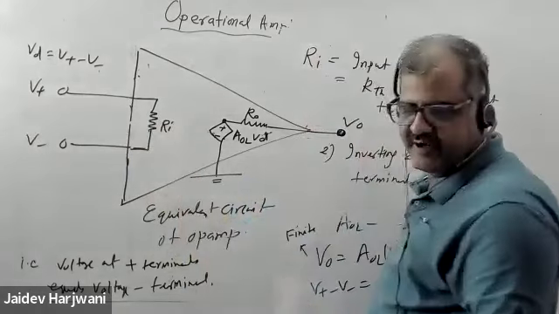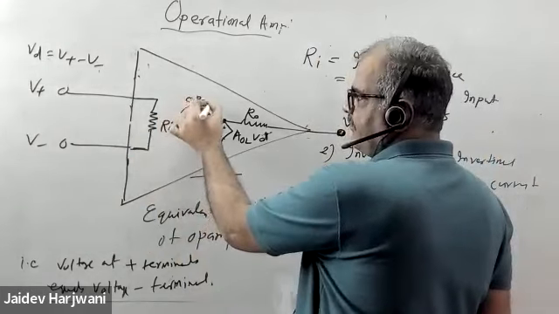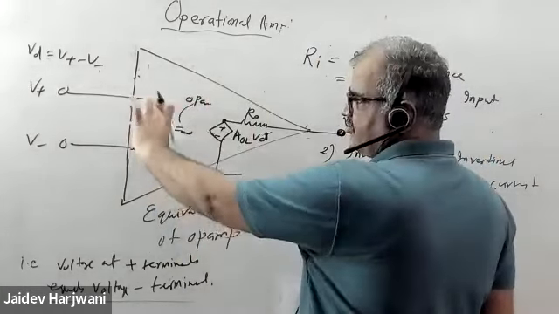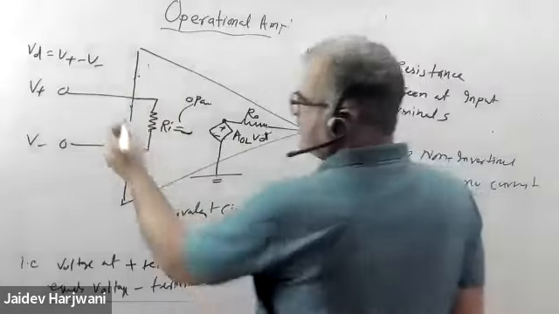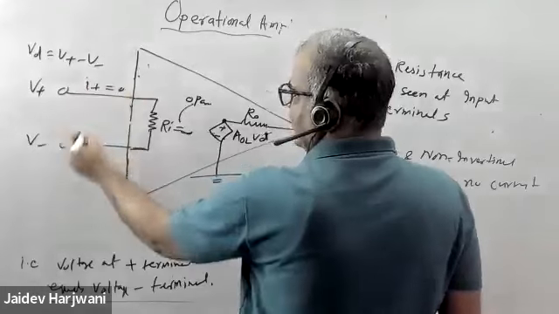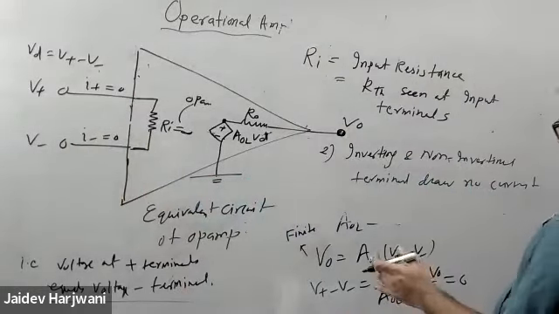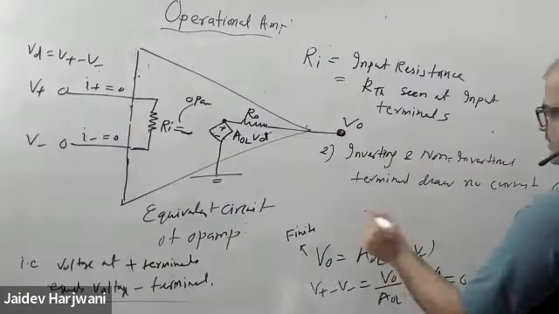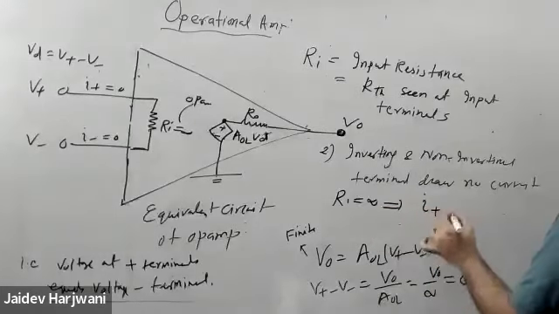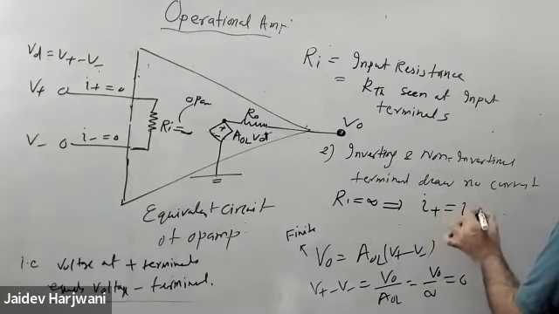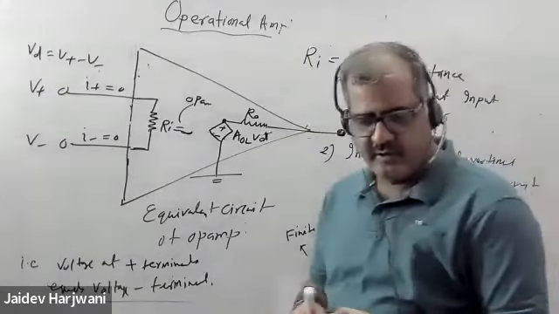What does infinite mean? Open. Whenever this is infinite, it is equal to an open terminal, and the resistance of an open terminal is infinite, so no current is flowing. That means I plus and I minus will be 0. So if Ri is infinite, that implies I plus equals I minus, both equal to 0. That means your input terminals draw no current.